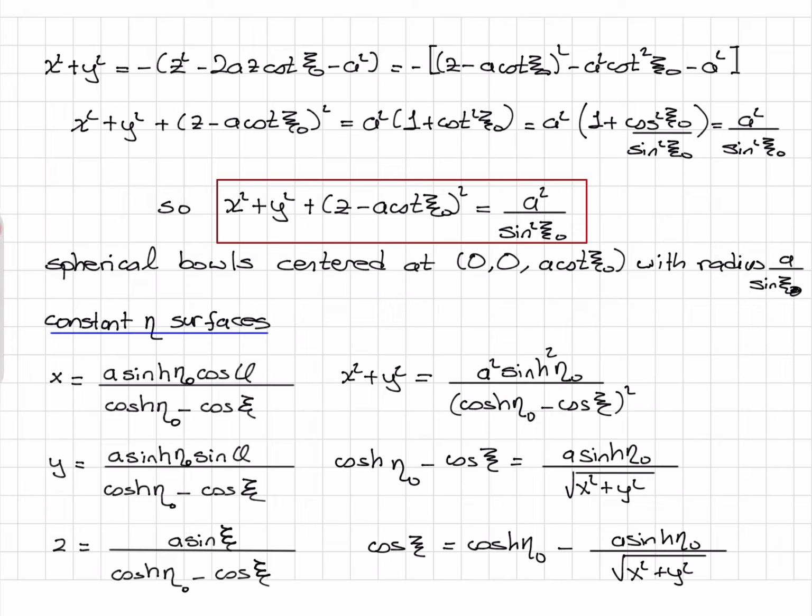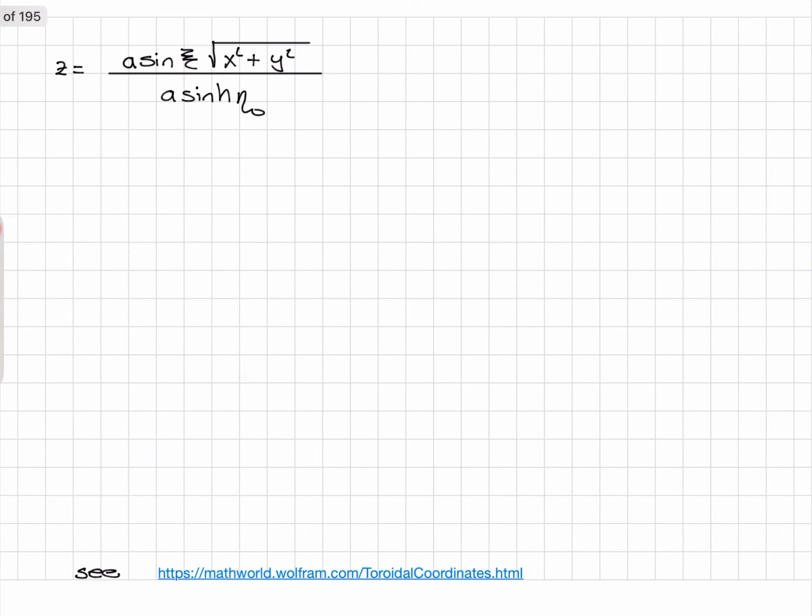So I have replaced this by this, so square root of x squared plus y squared goes upstairs and a sinh comes downstairs, as we can see here. And we have a cancellation of these a's, and we can write now sine psi is equal to z sinh eta 0 divided by square root of x squared plus y squared.